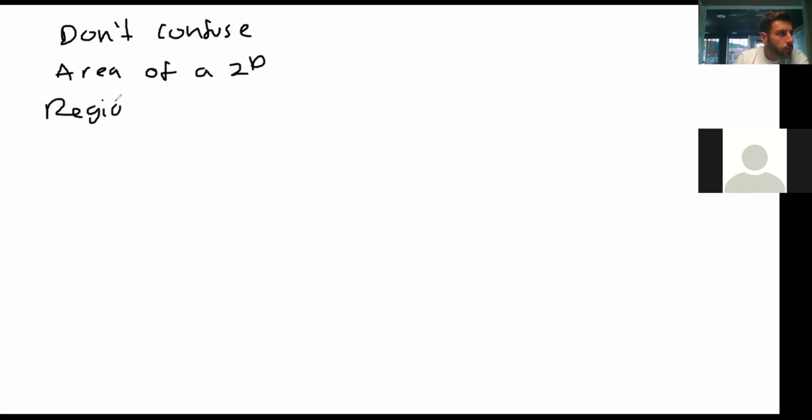Don't confuse the area of a 2D region with the volume of a 3D region.